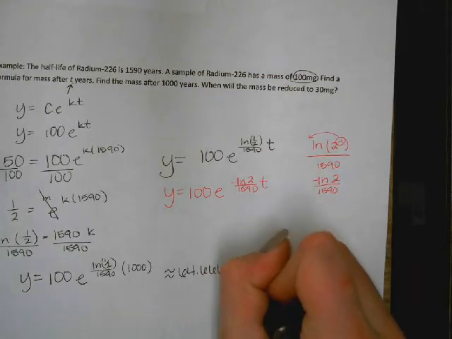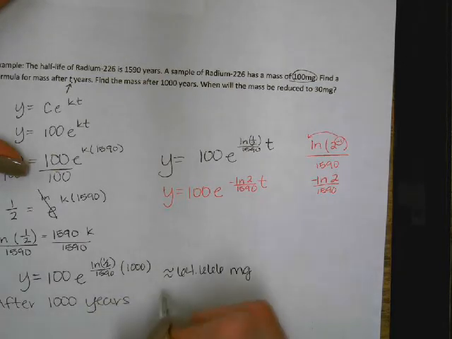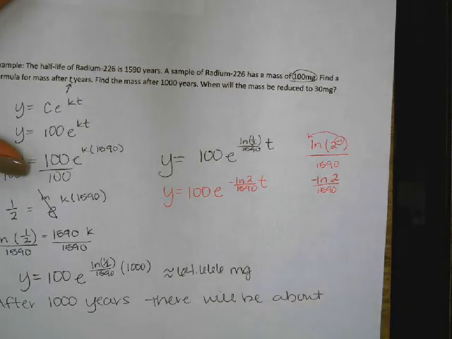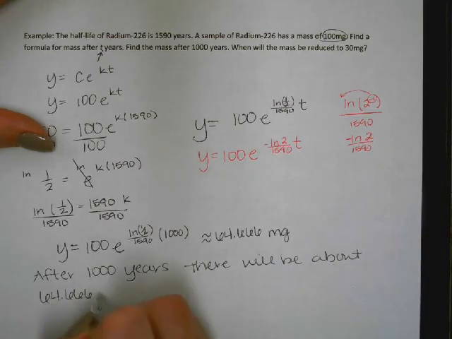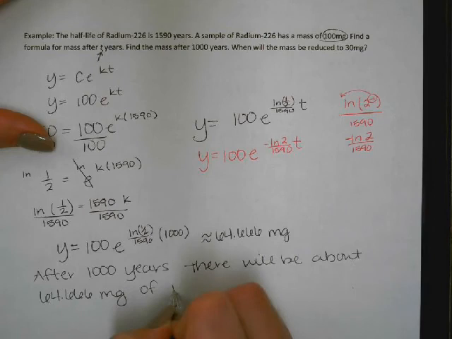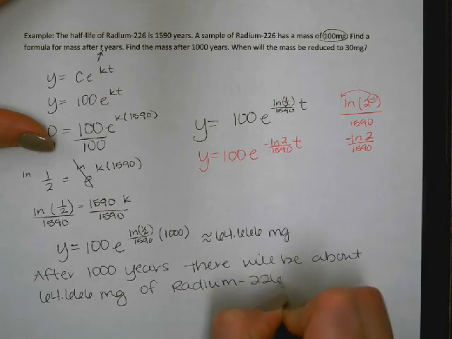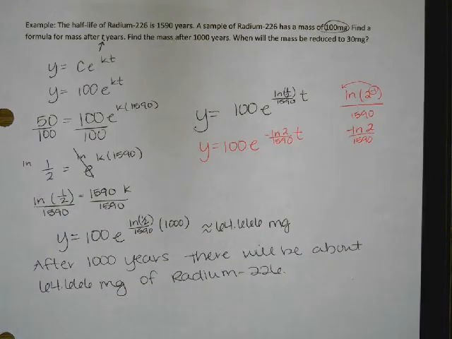And this is the mass, that's milligrams. So we're going to say after 1,000 years, there will be about 64.666 milligrams of radium-226.